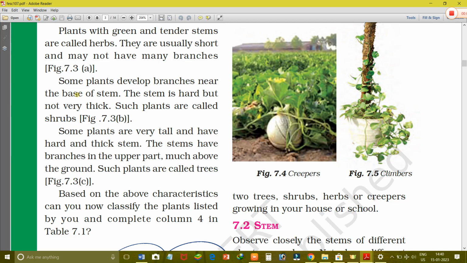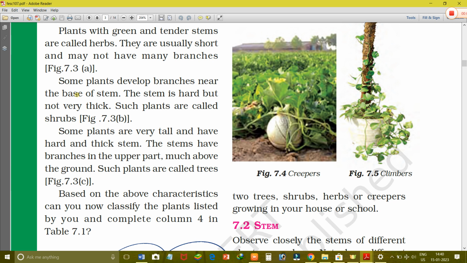Such plants are called shrubs. Some plants are very tall and have hard and thick stems. The stem has branches in the upper part, much above the ground. Such plants are called trees.